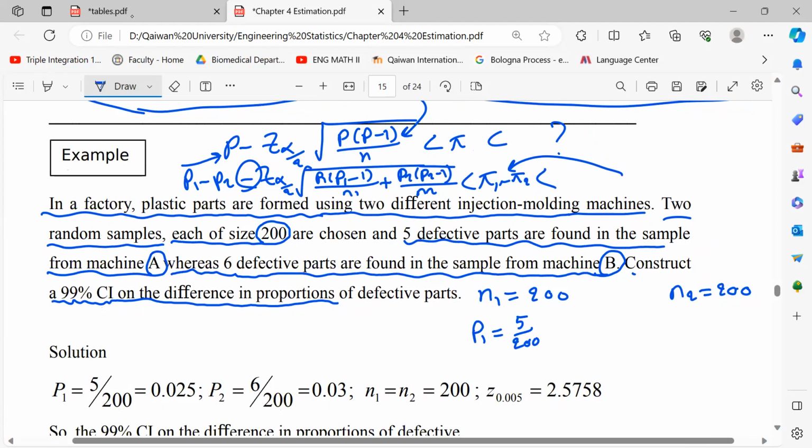From these two we could get p1 and p2. p1 is 5 over 200, and p2 is 6 over 200. Calculate this.